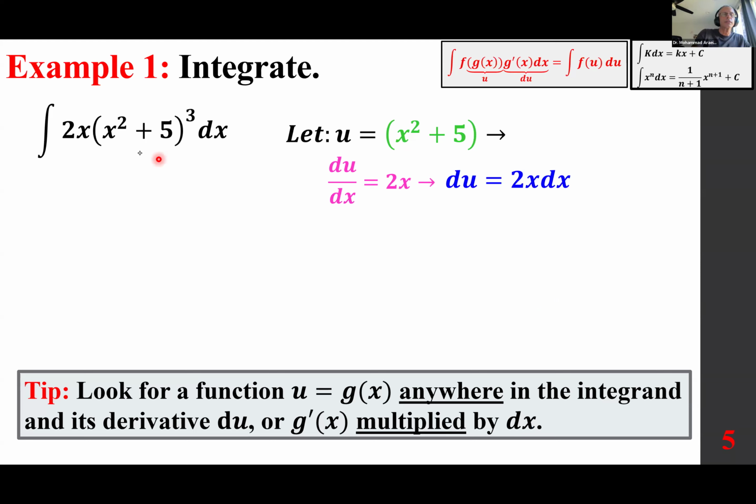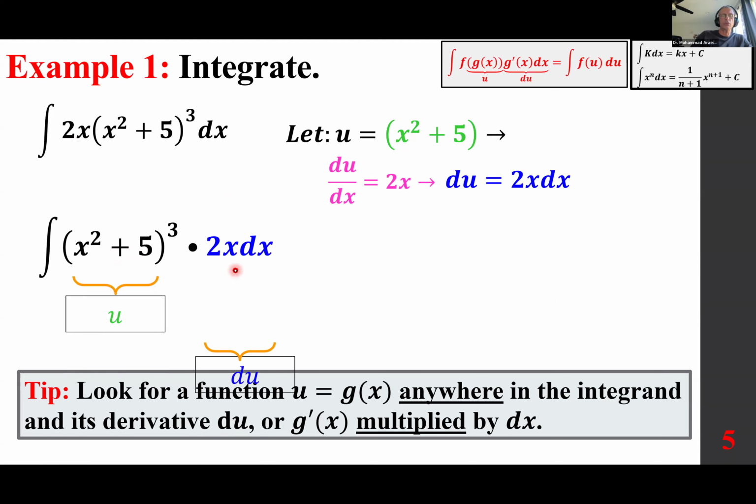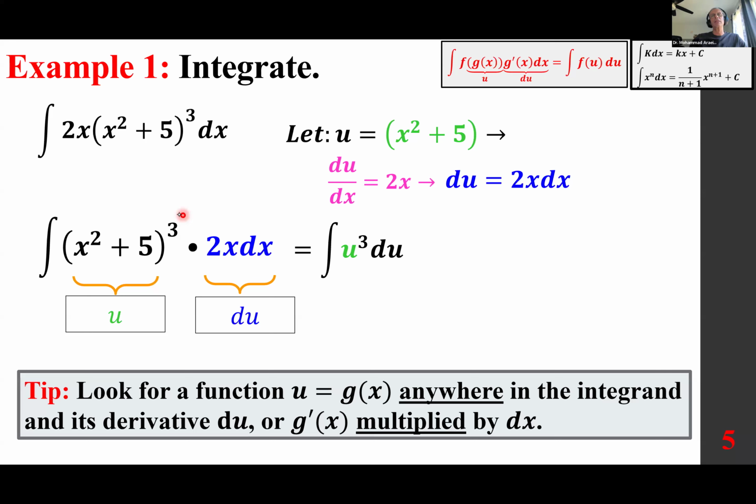We are going to rewrite this so it becomes obvious. I'm going to put the 2x next to dx. This piece is u, this piece is du. What we have is u cubed du, and that uses the power rule, becomes 1 over 4 u to the power of 4 plus a constant.